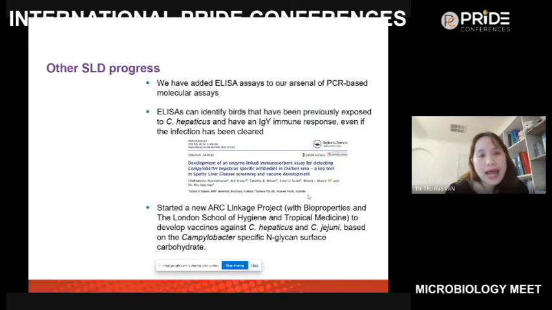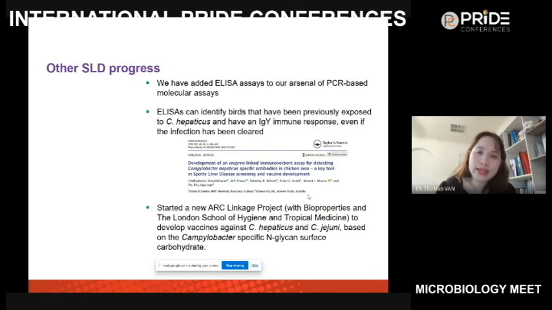So our other SLD progress is that another student developed ELISA assays. Before we developed the ELISA assay, we detected the DNA of the bacteria. So if we collect a sample, we detect the DNA, but we don't know whether this is a current infection or past infection. With the ELISA assay, we can. This assay uses serum.